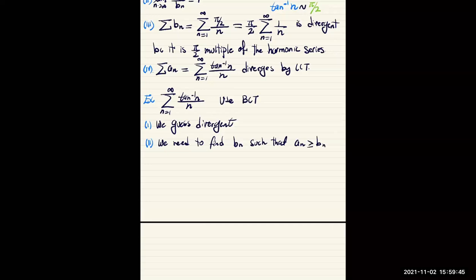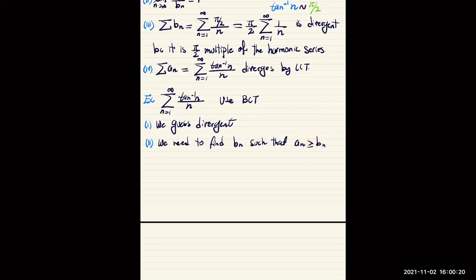See, you have to think, guys, for these problems, you really have to use your brain. And again, why do we choose this inequality? Because if the summation of b sub n is divergent, and our series is greater than it, then our series is proven to be divergent. That's why we want a greater than.